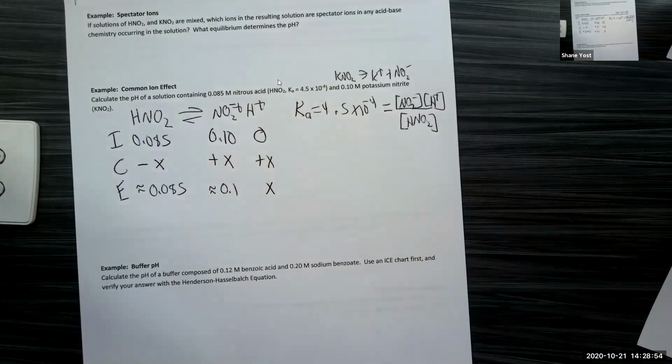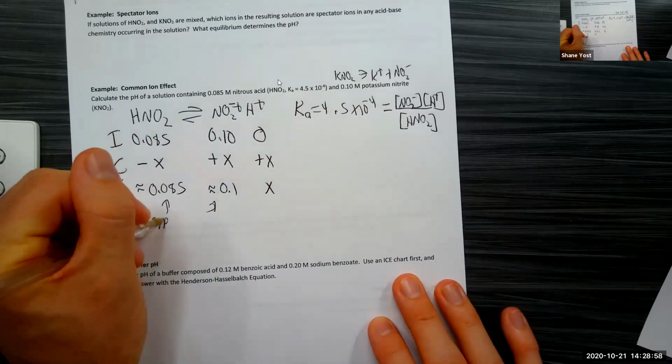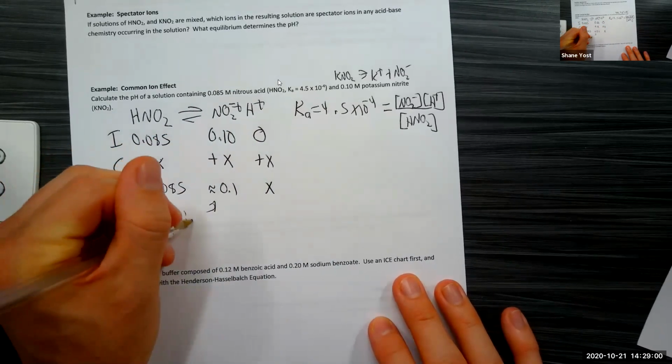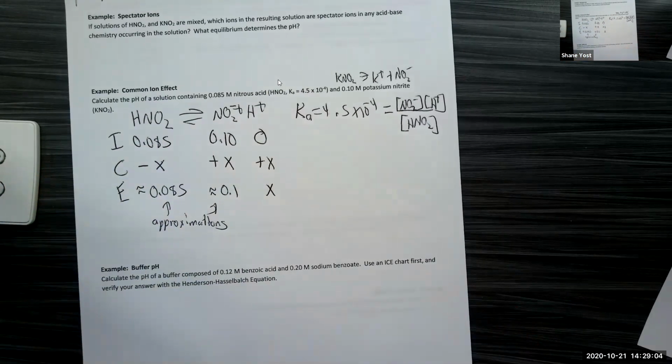So again, these two things here are approximations that are very valid to make for any weak acid, weak base equilibrium. We'll be making this type of approximation, that the concentrations of the weak acids or weak bases, if they're non-zero, are essentially not going to change when establishing the equilibrium.